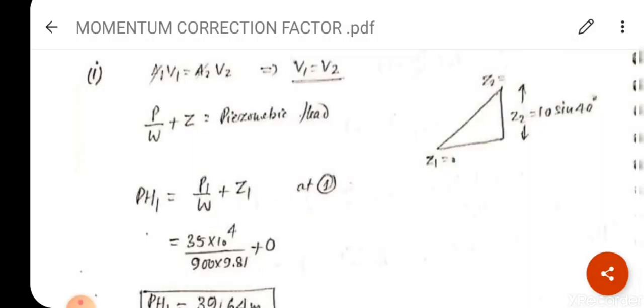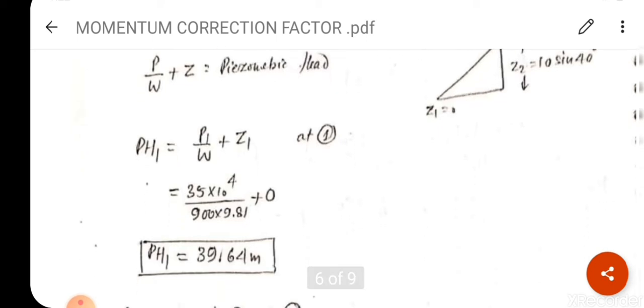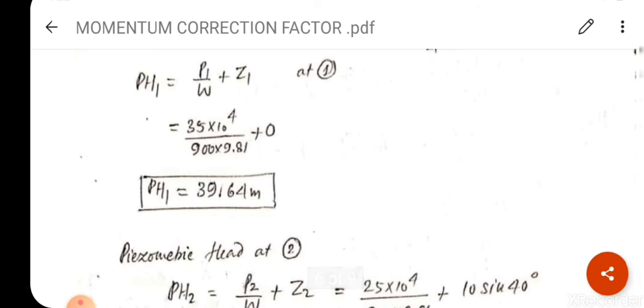Z1 is equal to 0 because I am assuming Z1 is equal to datum line or datum. So the value of Z1 will be 0. So putting the value of pressure, that is P1, 35 into 10 raised to 4 upon rho into G, that is 900 into 9.81, we will get the answer as piezometric head at point 1 is 39.64 meter.